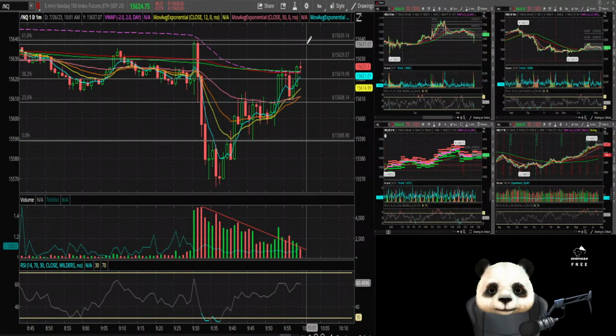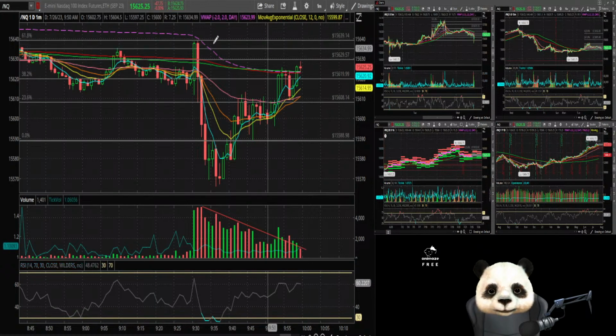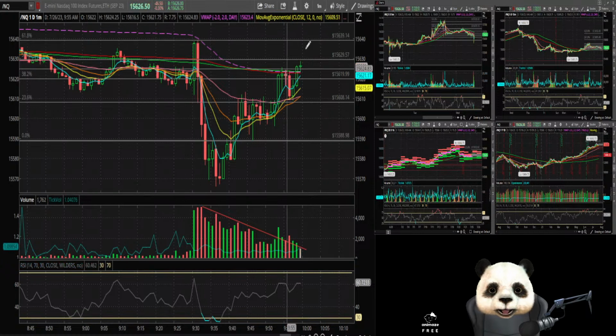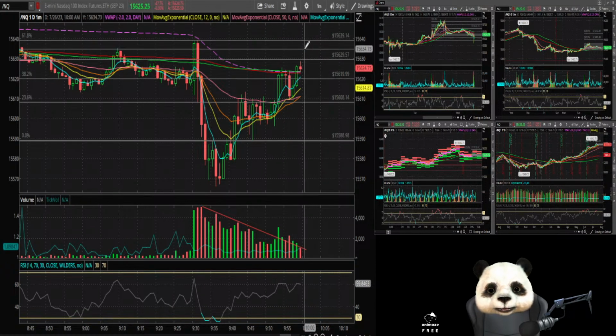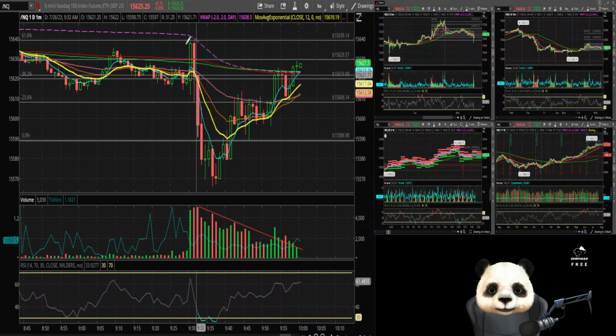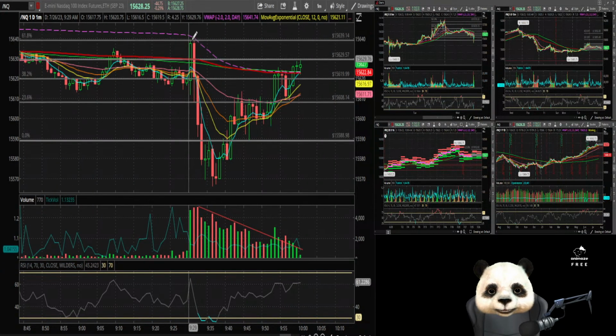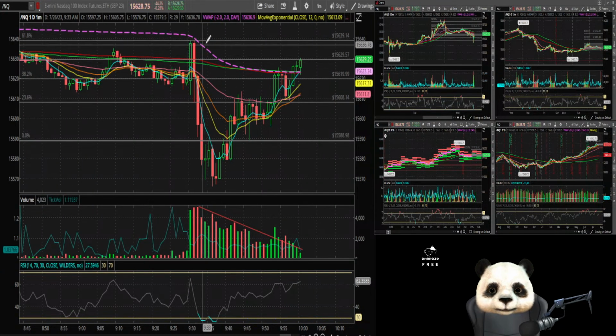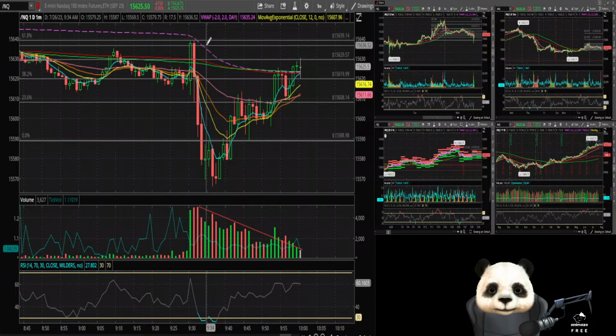So, for instance, if I were in a trade right now and looking to get out, and I was aiming for something around this price target, I would aim for the base right around here, 15,636.5, something like that.